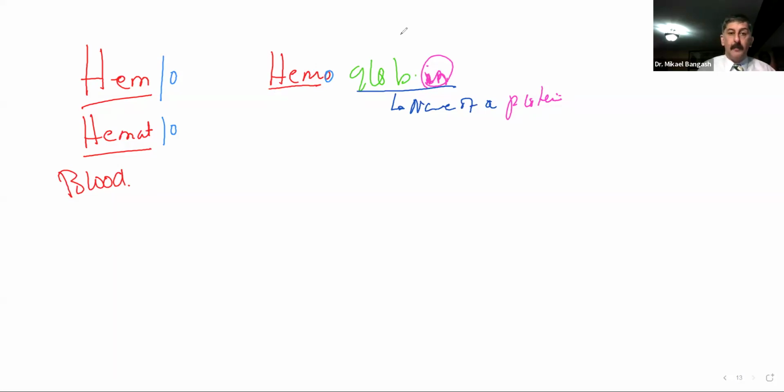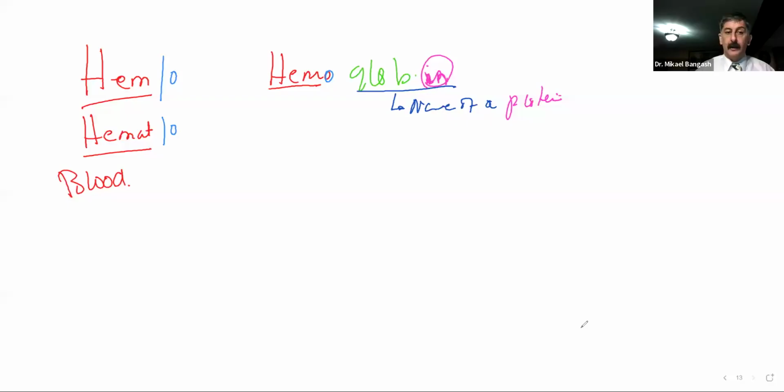We will talk more about the structure of hemoglobin in anatomy and physiology when we get to blood. What your blood will have is a substance we call hemoglobin. It's pretty much the substance that gives the red blood cells their red color.